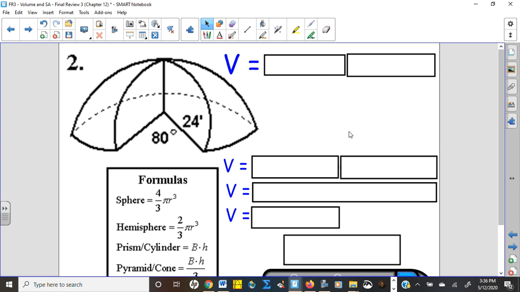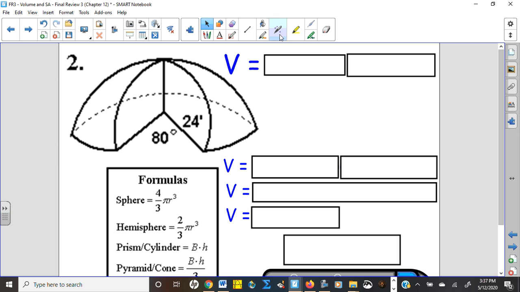Then it would be the pi r squared on the bottom, right? But then multiply that by the 280 over 360 because we only have a sector of that bottom circle.